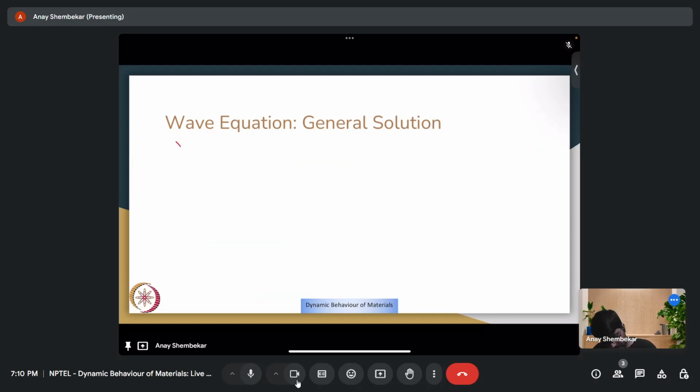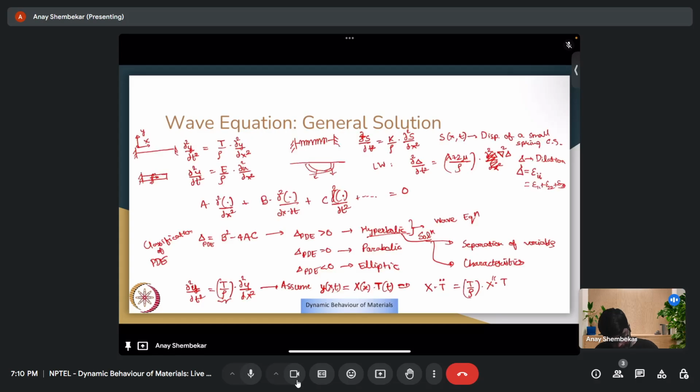So we have capital X of x into T double dot of t is equal to T by rho. This T will be confusing, so I'll just rewrite this as c naught squared. This is tension, and this capital T is a function of time.